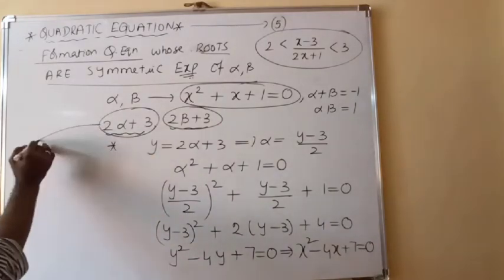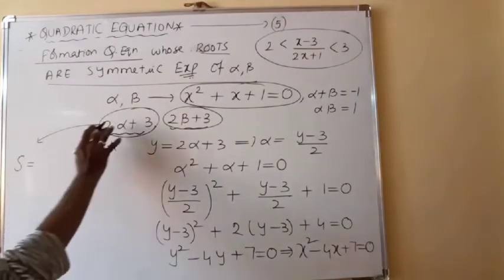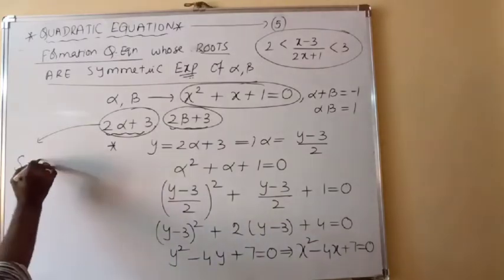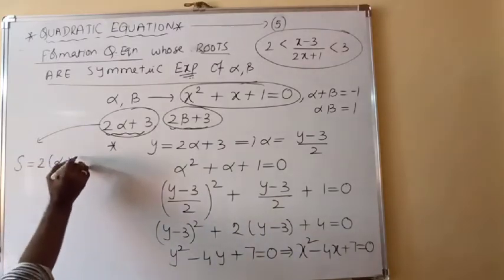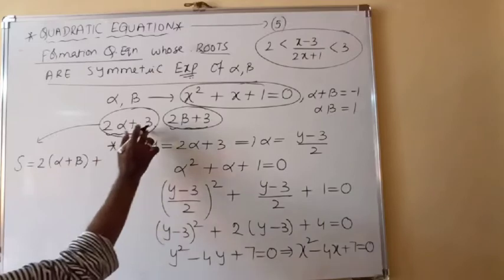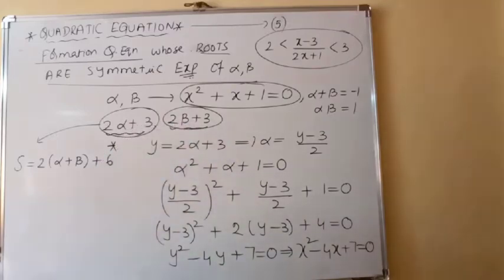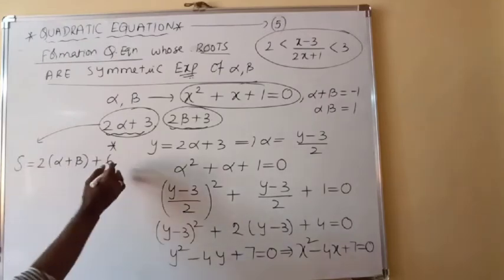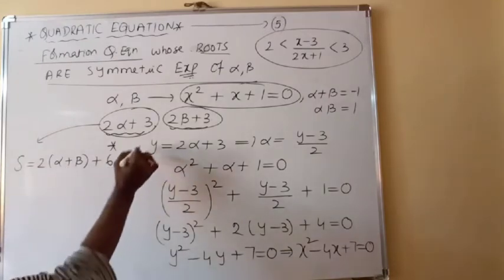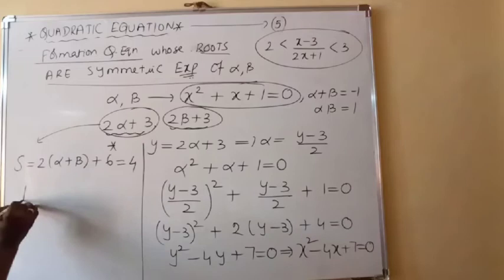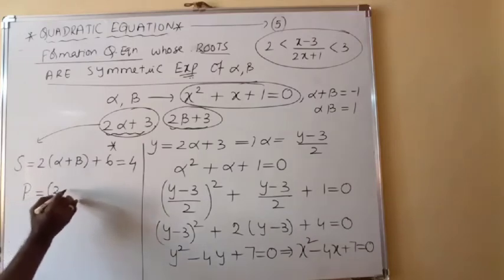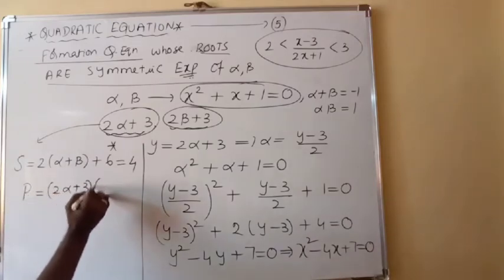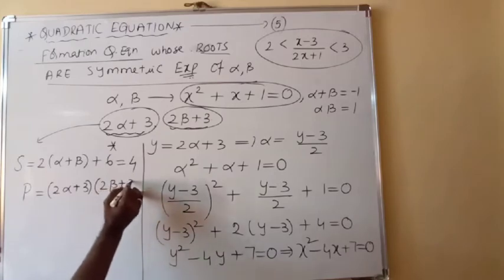Now we have to find the quadratic equation whose roots are 2 alpha plus 3 and 2 beta plus 3. So what is the sum of these two roots? 2 alpha plus 2 beta, that is 2 times alpha plus beta, plus 3 plus 3, 6. But what is alpha plus beta? Minus 1. So 2 into minus 1, minus 2. So minus 2 plus 6, 4. Product of the roots: 2 alpha plus 3 into 2 beta plus 3.